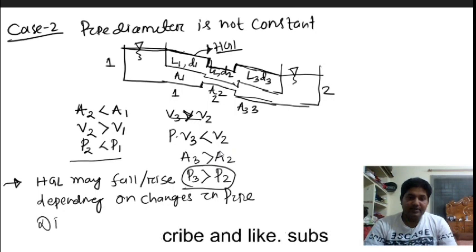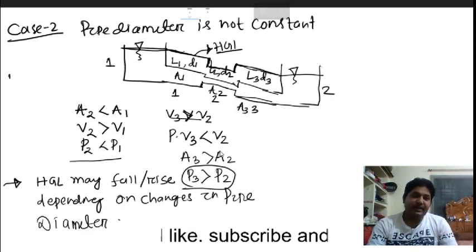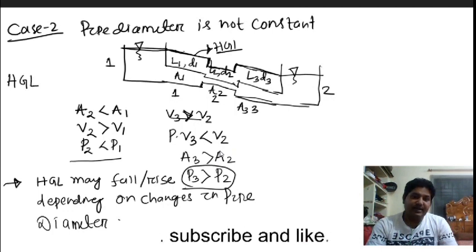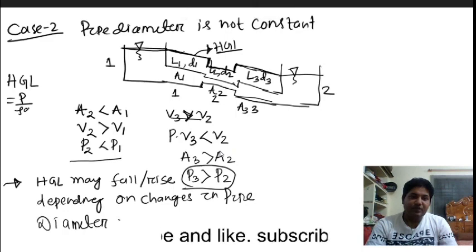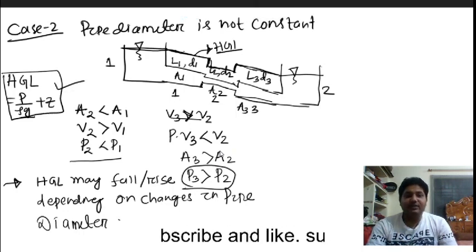How can we find this hydraulic gradient line? Its points can be found by finding the piezometric head. This is the hydraulic gradient line formula by which you can find the piezometric heads.